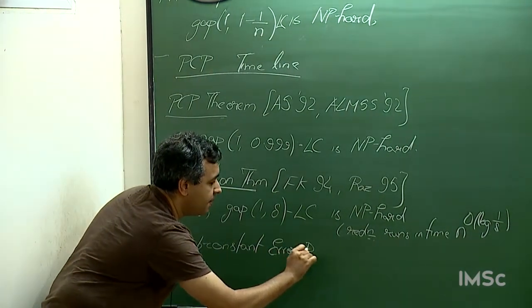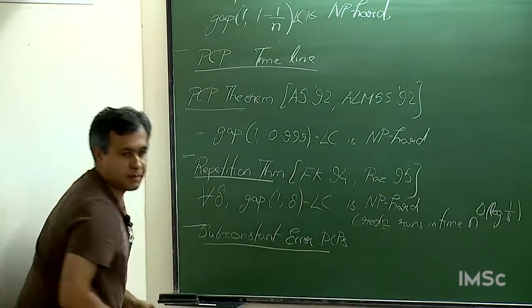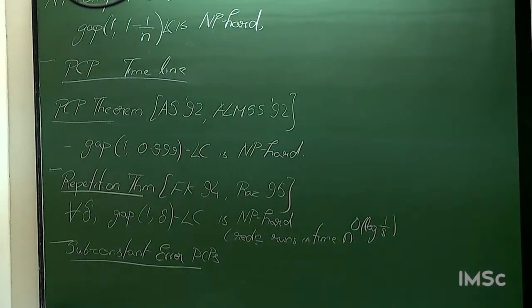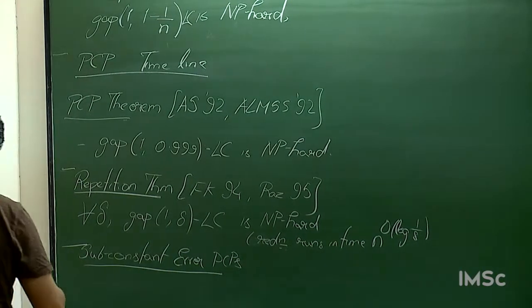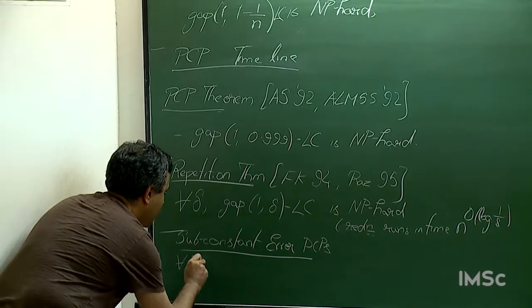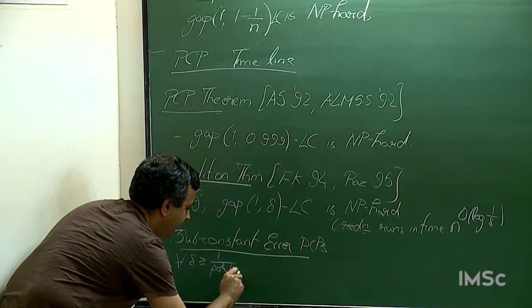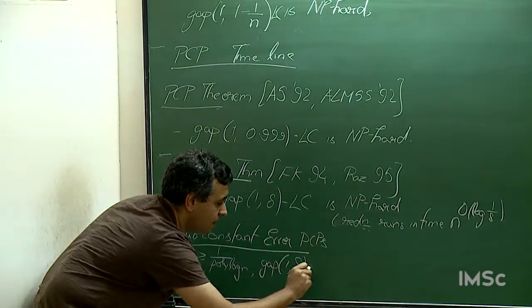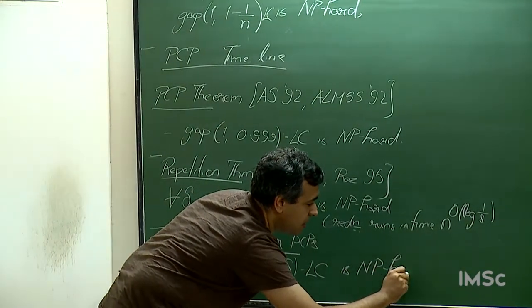For all delta greater than 1 over polylog n, gap 1 delta label cover is NP-hard.